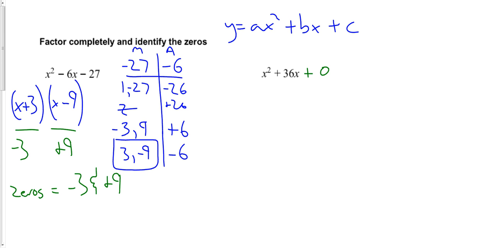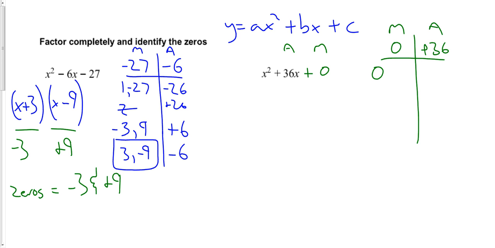So again, I need to set up my AC chart. So I know that the two numbers have to multiply to 0, and they have to add to positive 36. So I know right off the bat that if one of any two numbers is multiplied by 0, it's going to equal 0.